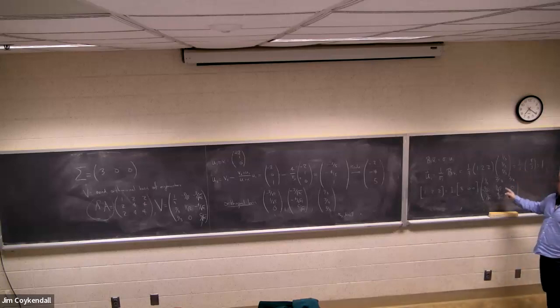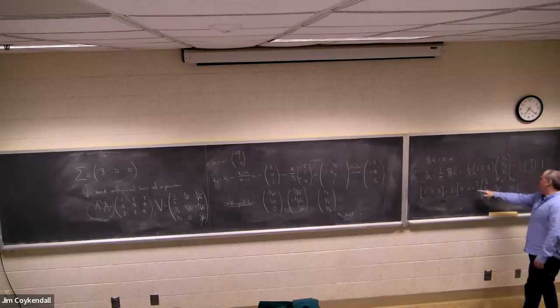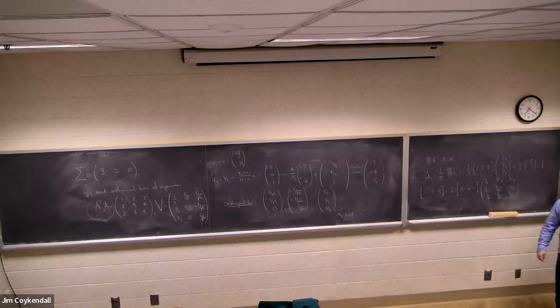And these are just here to complete an orthonormal basis. Really, the only thing that matters, when you multiply the matrices out, is the top row, right? This times this 1, this times this 2, this times this 2. There you go.